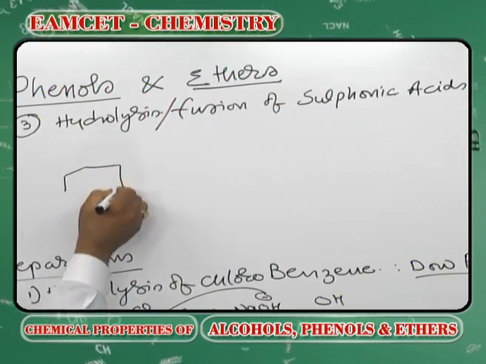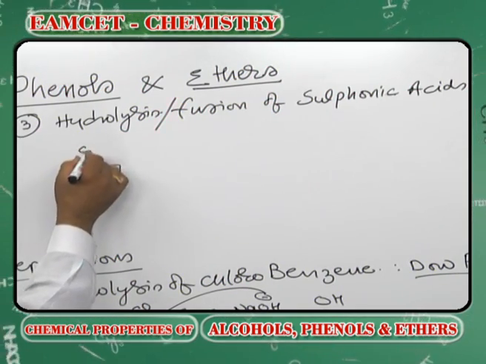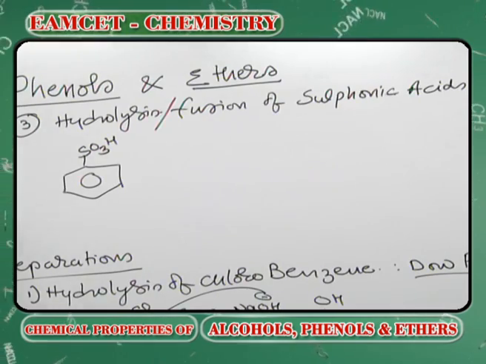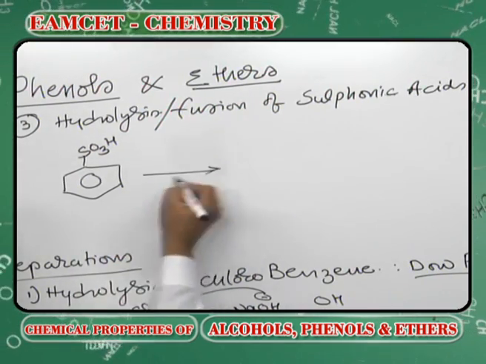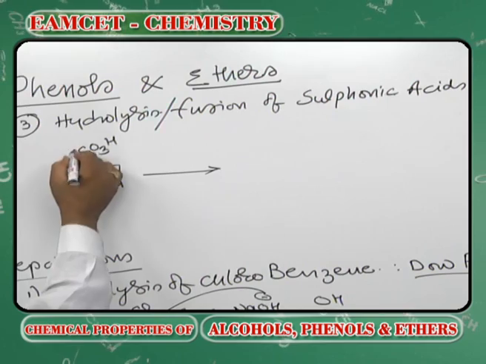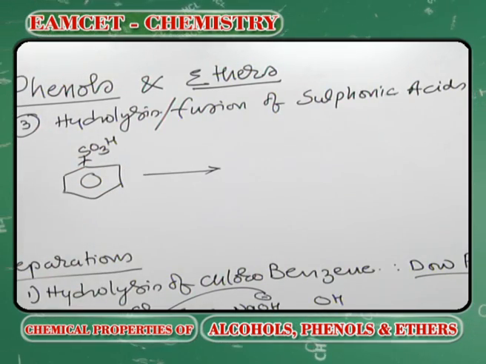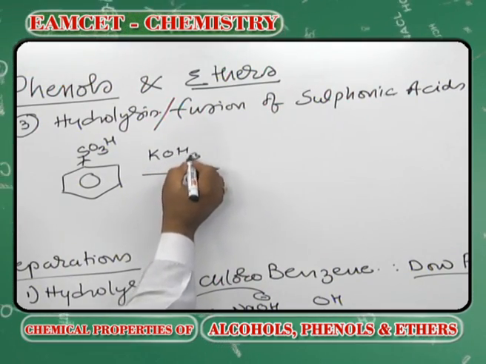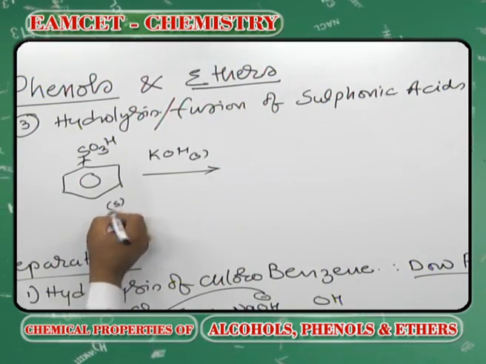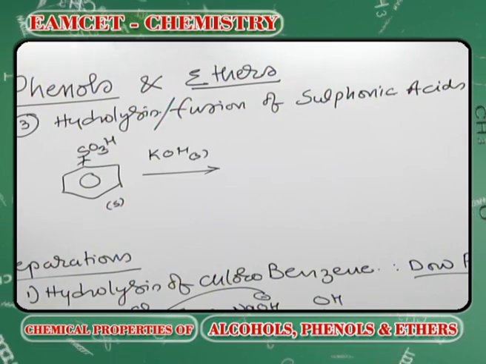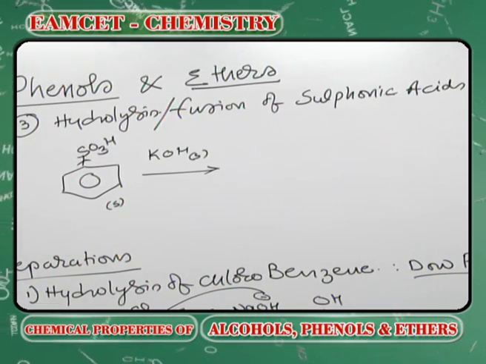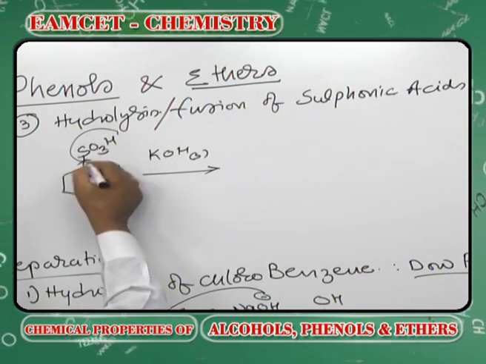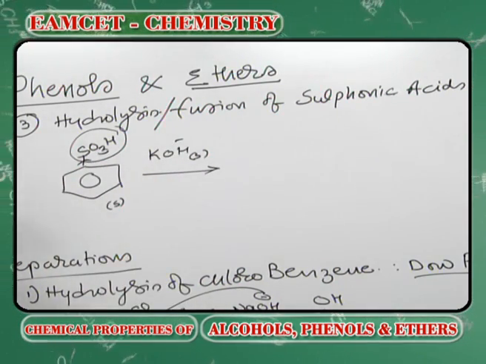A benzene containing a sulfonic acid SO3H is called benzene sulfonic acid. This sulfonic acid group also has outgoing property. So you can use solid potassium hydroxide, and the sulfonic acid also happens to be a solid. You take the solids and heat them so that they melt, and a fusion reaction takes place. At that time the SO3H group will be replaced by the OH minus.